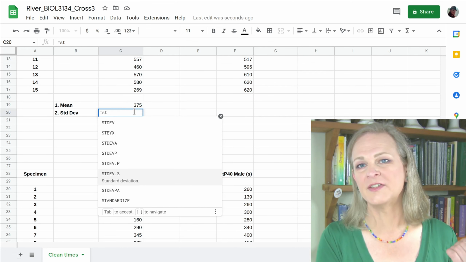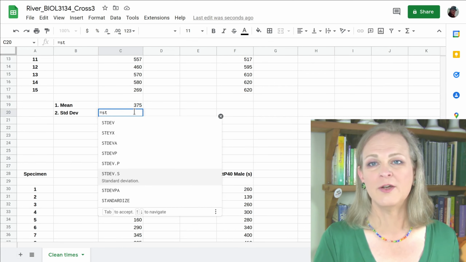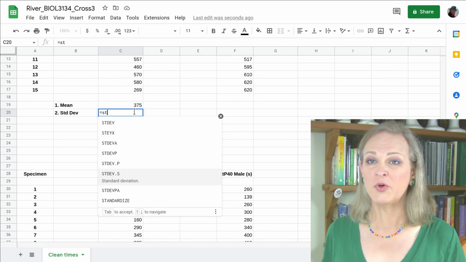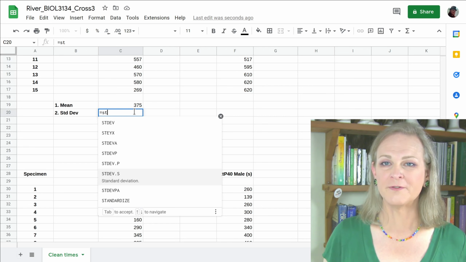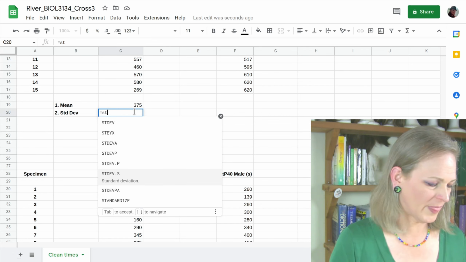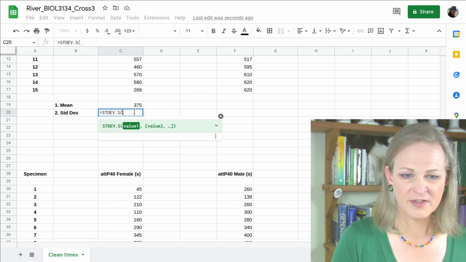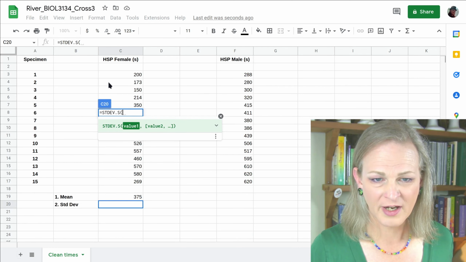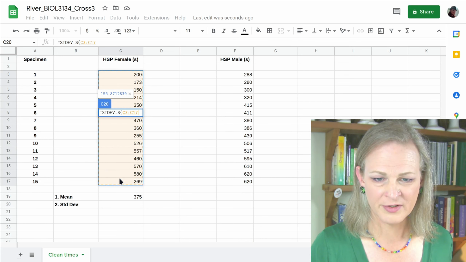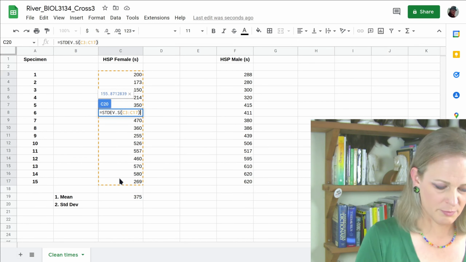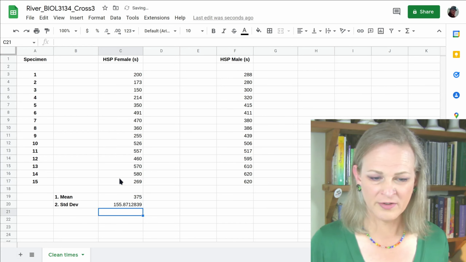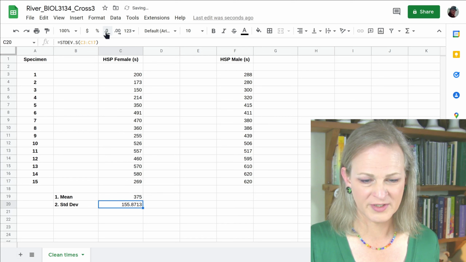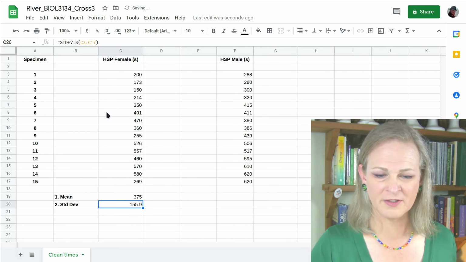If you calculate standard deviation for a population, remember it uses n for the denominator, and for a sample of a population you use degrees of freedom, which is n-1. That's the difference between those. So we use standard deviation.s, highlight this range, close the parentheses, and there we go. Well, we don't need this many digits. Thinking about significant figures.